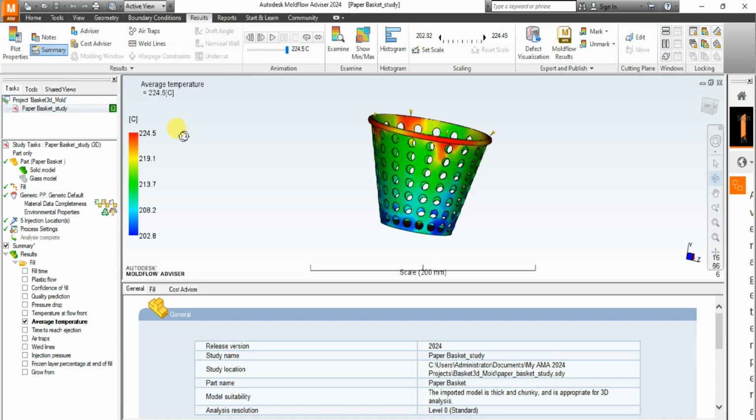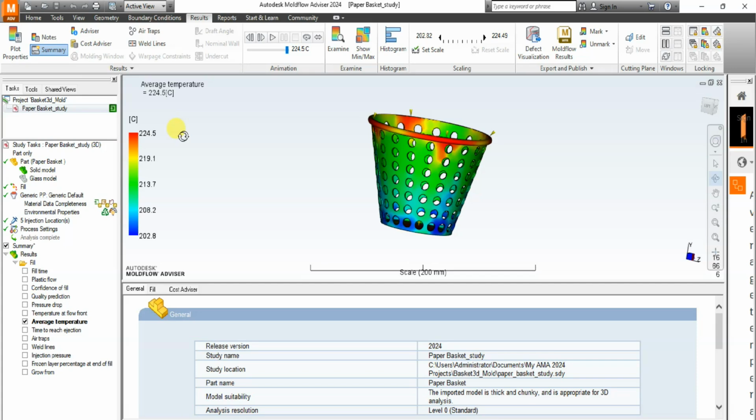Now let's look at how we can actually use these results for production time. You can use the average temperature result as an alternative way of examining the flow distribution.